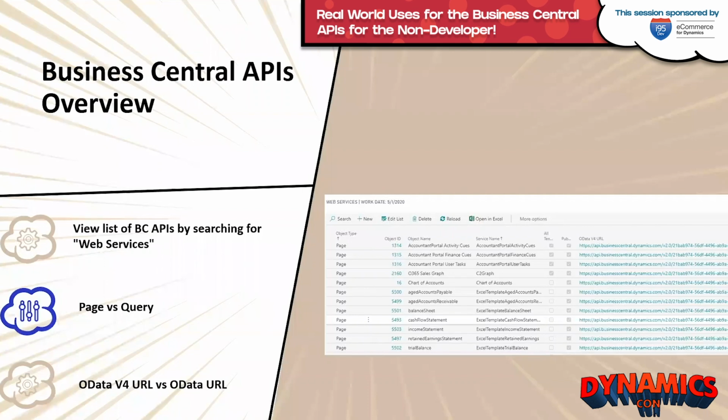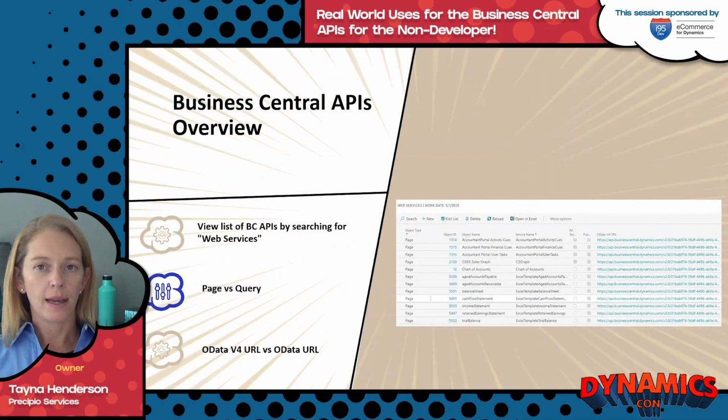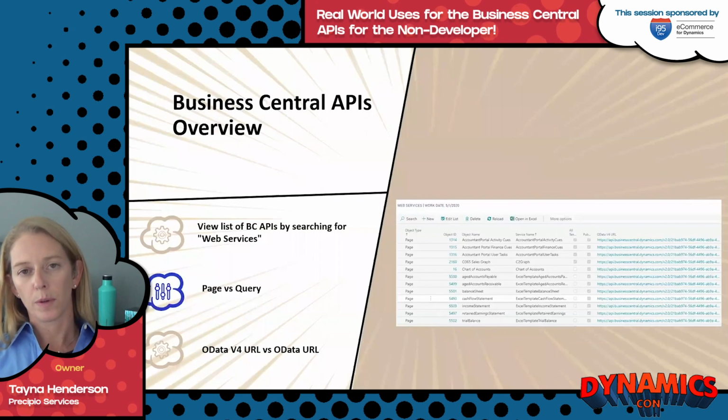If you look at some of the list pages, those are some of the APIs that you would see available, such as vendor ledger entries, or the Power BI dashboards. So you're just searching for web services, and that will get you to the page that you're looking for. And then you can copy those APIs into Excel and or Power BI.